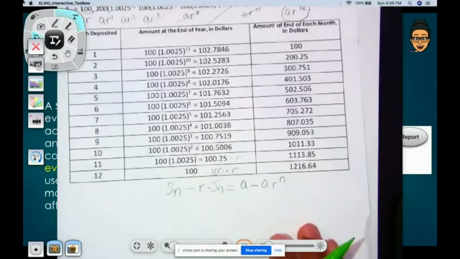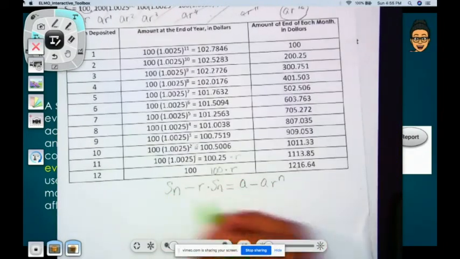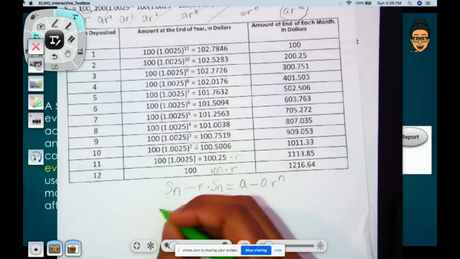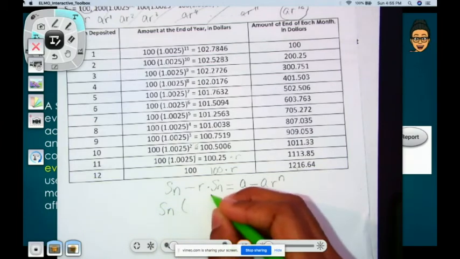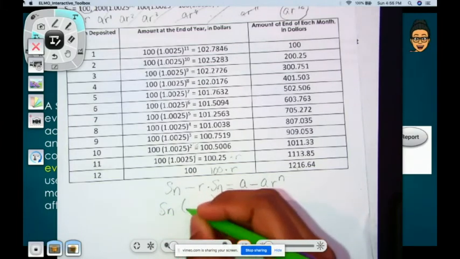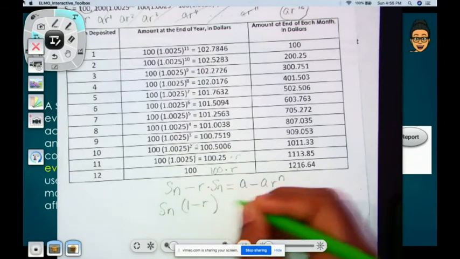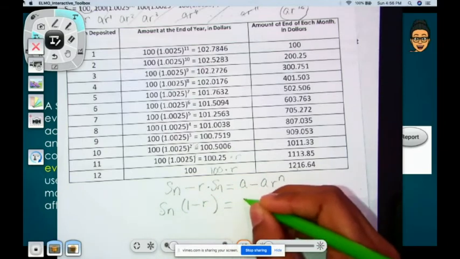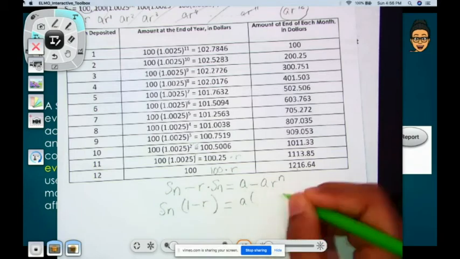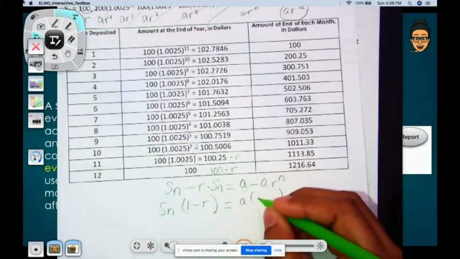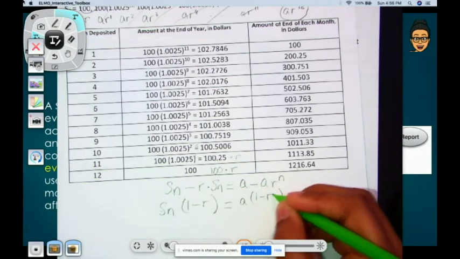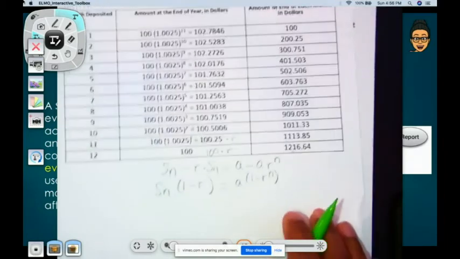The sum of the series, then, I can go ahead and factor out using my understanding of the distributive property to have S sub n times the quantity of 1 minus R, which is equal to, factor out the A, or what would be the initial value, times the quantity of 1 minus R raised to the n power.